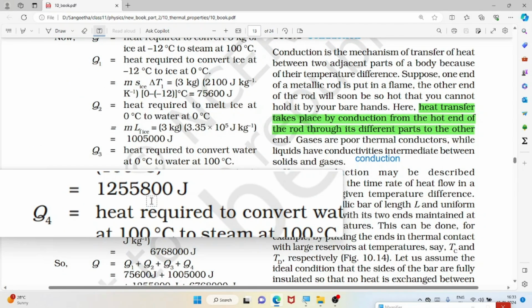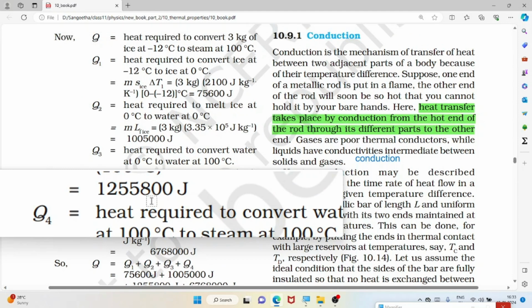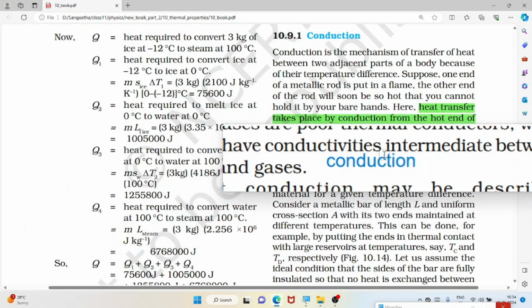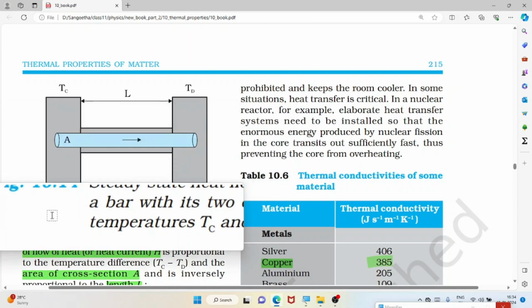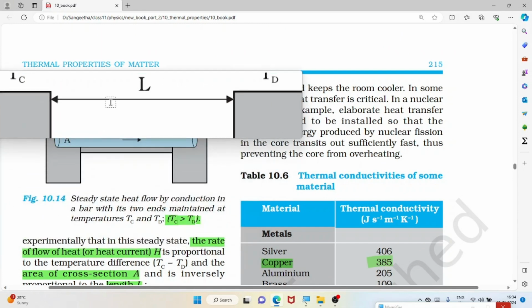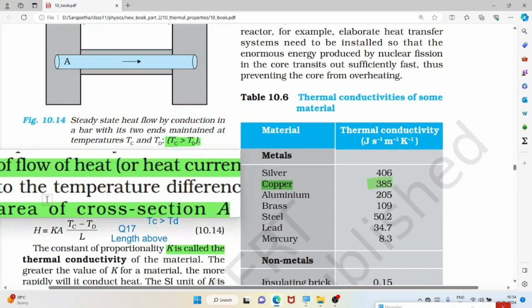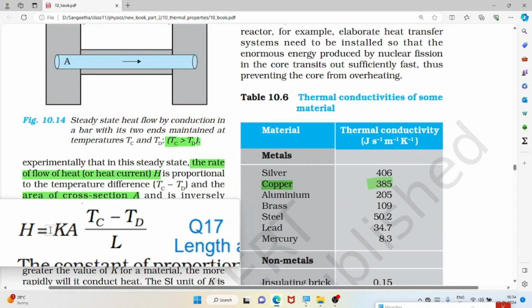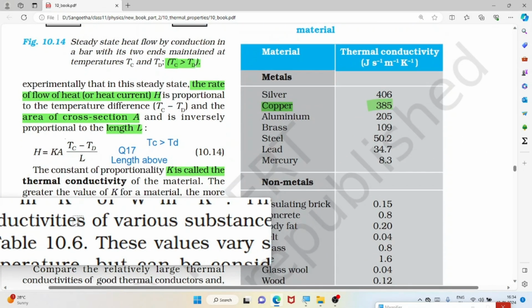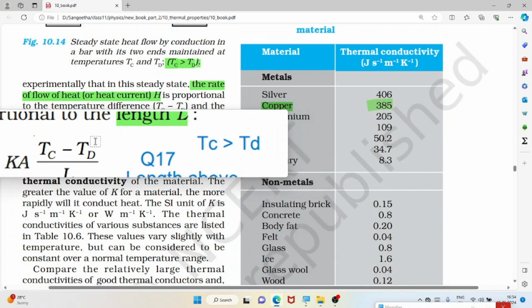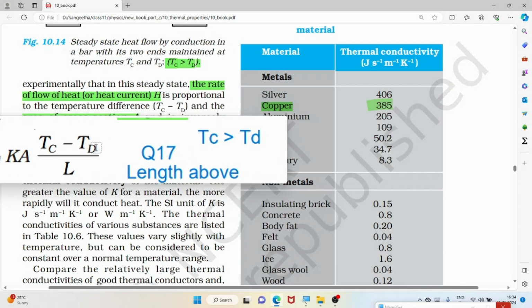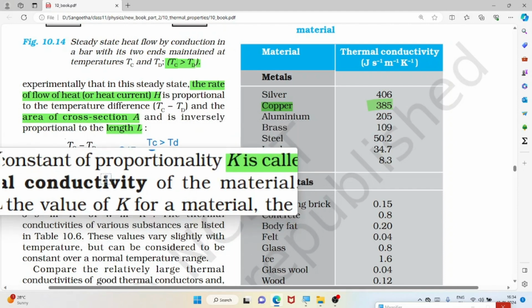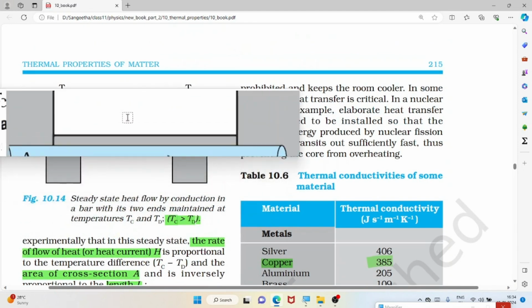In conduction, heat is transferred from the hot end of the rod through the different parts by physical interaction. This L is the length of the rod. TC is the hot end, at a higher temperature than TD.